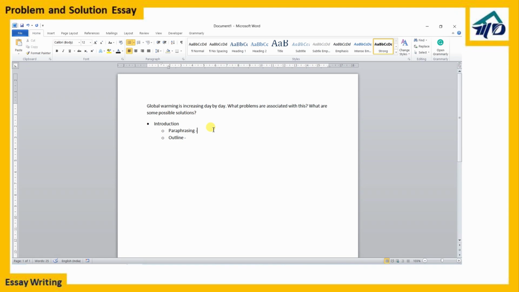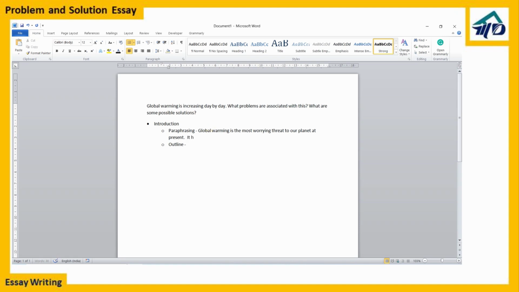I will say some general things about global warming. I will say global warming is the most worrying threat to our planet at present. Okay, so this is my first sentence.